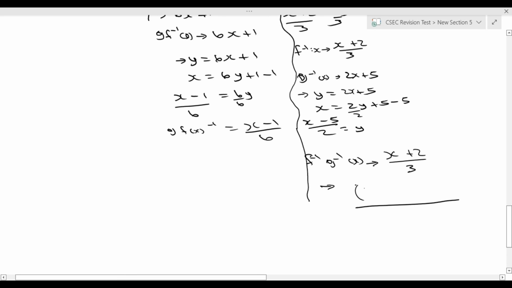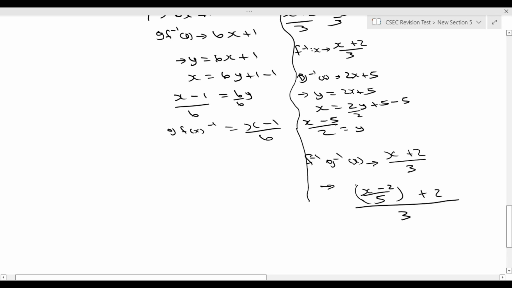Our g inverse will be x minus 5 over 2, plus 2 over 3. All right.